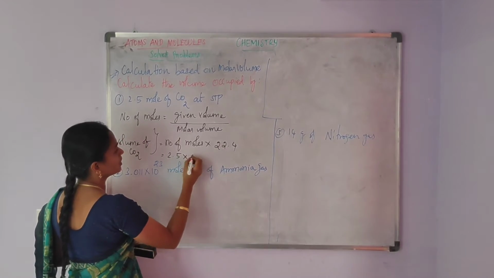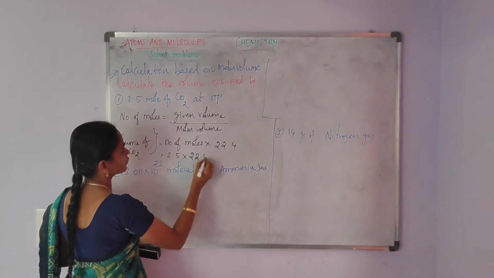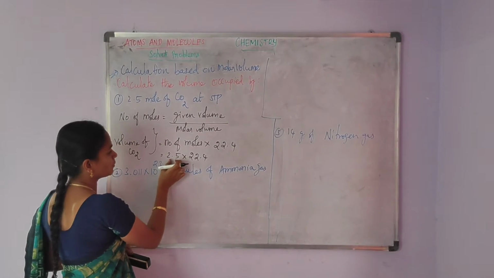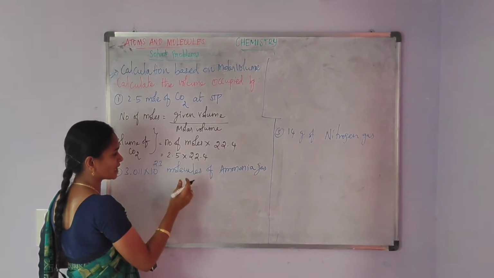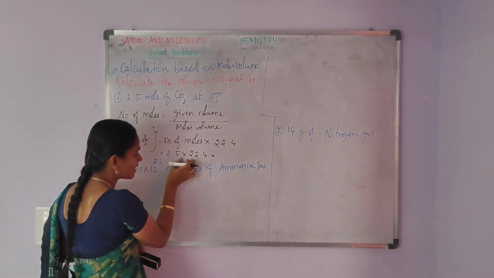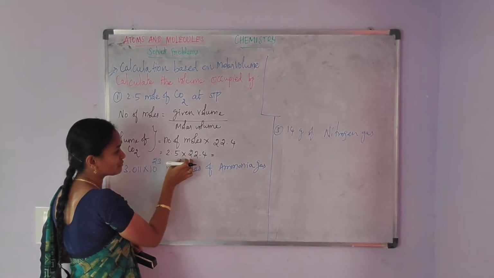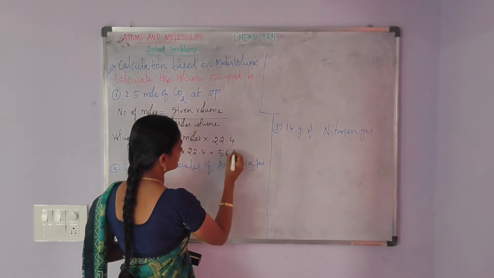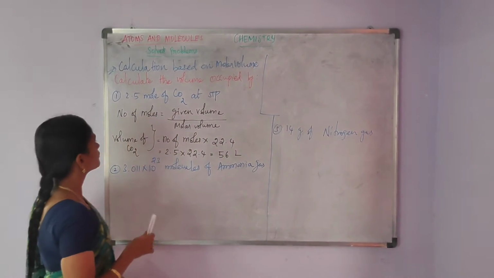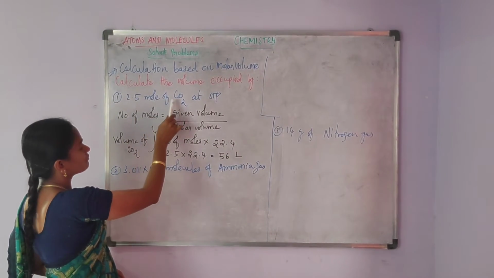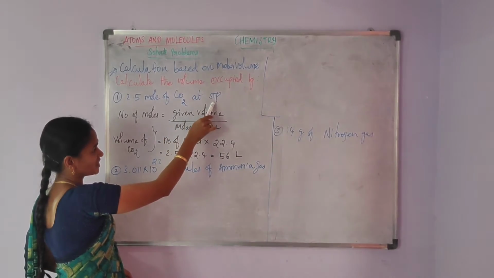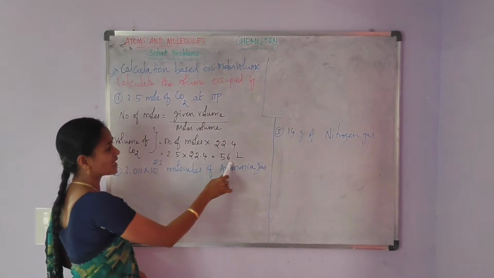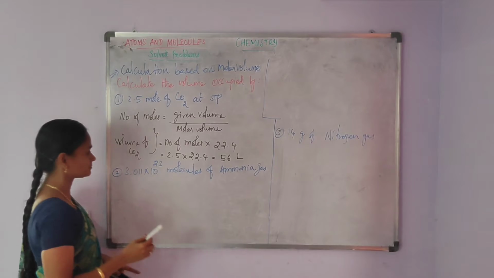So 2.5 into 22.4, by multiplying we get the answer: 56 liters. So 2.5 mole of carbon dioxide at STP occupies a volume of 56 liters.